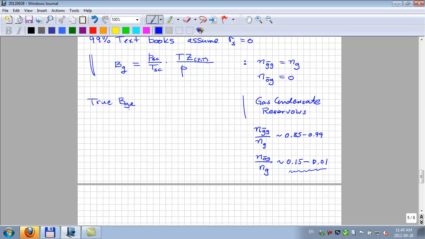Okay, this is the true. It's called BGD. I'll tell you why later. Which is exactly this, taking into account that we lose some of the moles as a liquid. That equation for that is the same as what we have above.